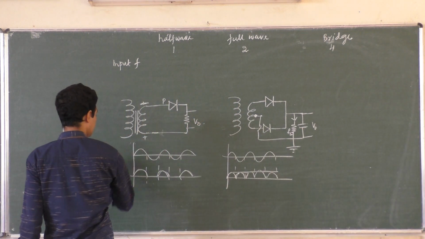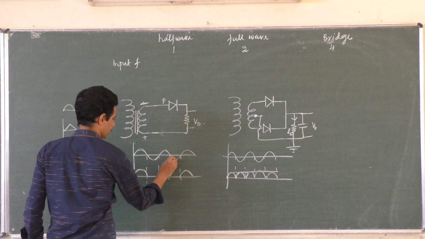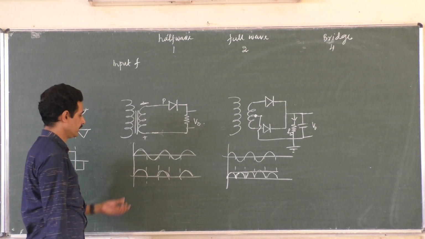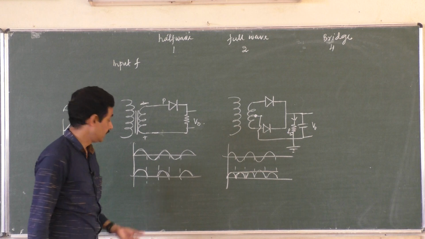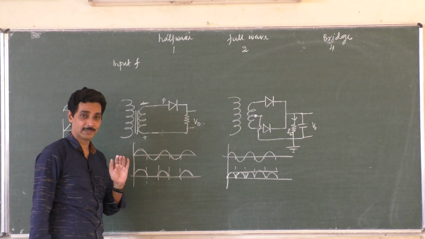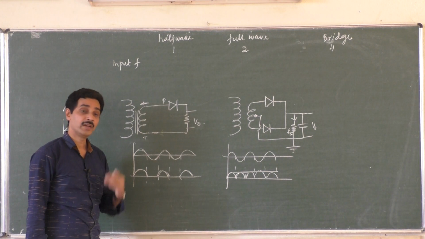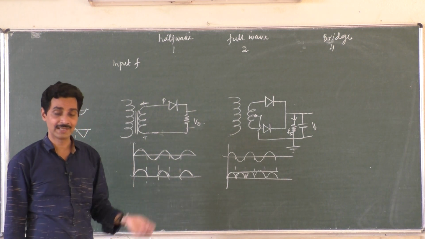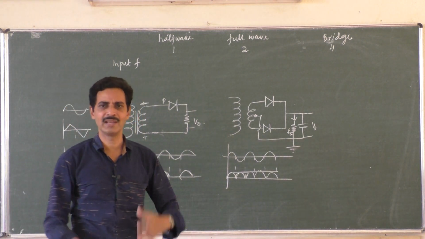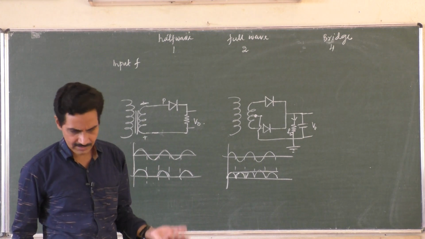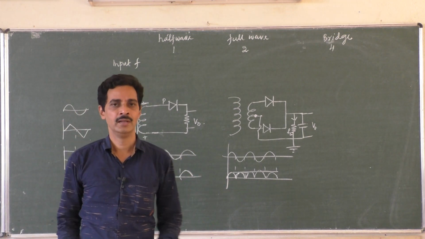Now if input frequency is F, what is the output frequency? F only. It is not F by 2. It looks as if it is F by 2. It is not F by 2. Why? Because what do you mean by frequency? Number of cycles repeated. What do you mean by cycle? The variation. That's all. Anywhere it may be the variation.